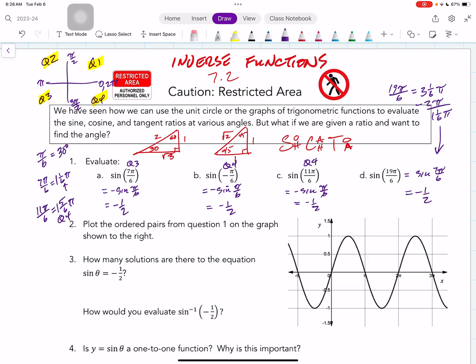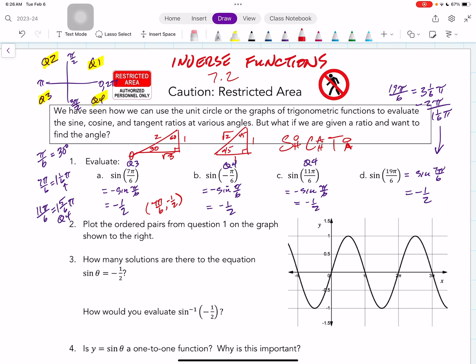Okay, number 2, plot the ordered pairs from the question above on the graph shown to the right. Okay, so the ordered pair, the input here is theta, so we have to plot 7π/6, comma, negative 1/2.